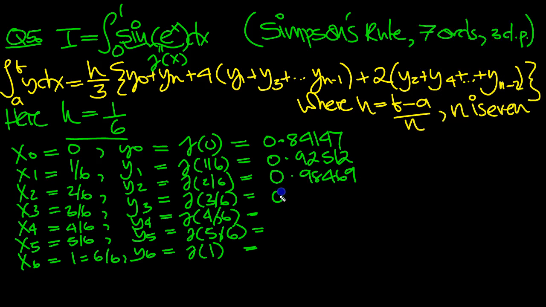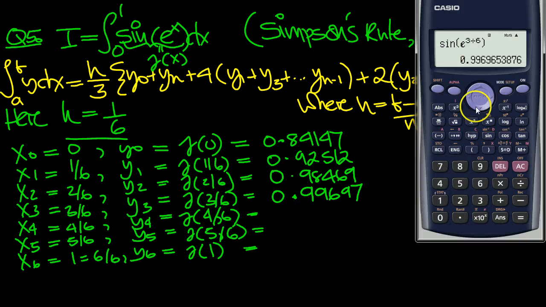0.99697. Be sure to change the 3 to 4 then. 0.92979, but it's 6, so it makes 0.92980.